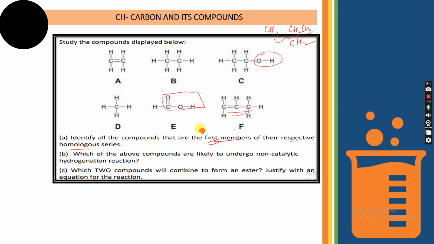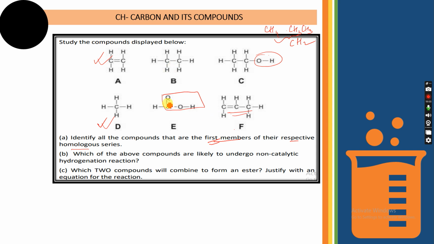If they had asked which of them belong to the same homologous series, then these 2 would belong to the same homologous series. But here they ask only for the first member. So that is why A will be 1. Let's see B, 2 carbons. These are single bonds, so alkane. The alkane first member is only 1 carbon, so this is another one that belongs to the alkane family out of these 2.